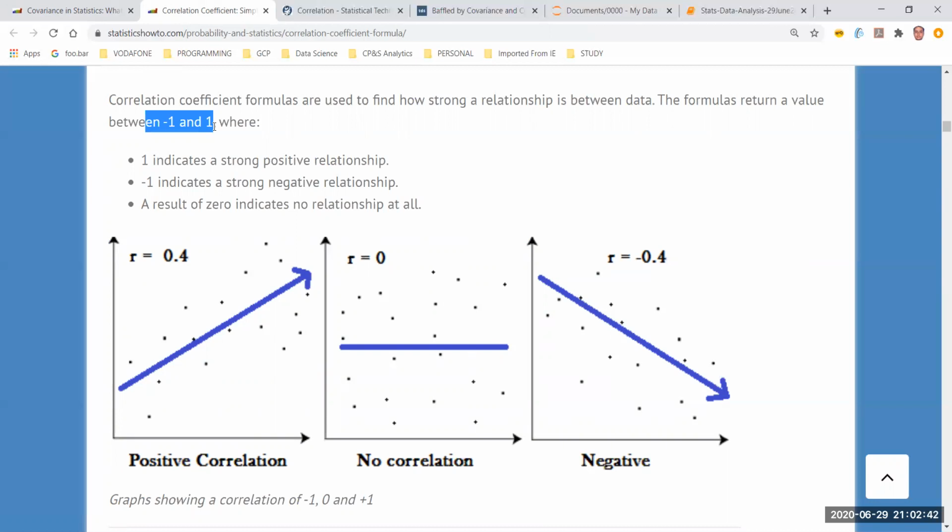Please remember this. This is one of the very important concepts, not only with respect to understanding covariance, where it lacks and why we need the correlation coefficient. It's also because of the standardization activity that we are doing. This will be very, very helpful when you are going to model your data.